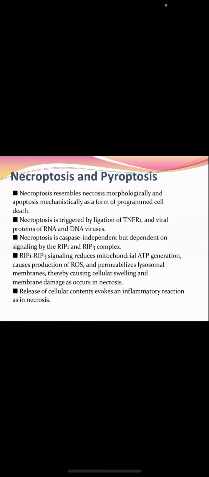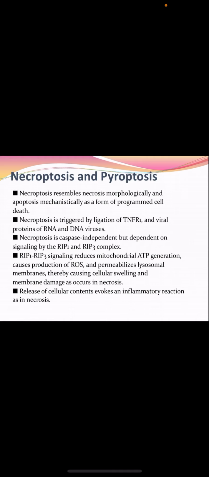Next, you should know a little in brief about necroptosis and pyroptosis. Necroptosis resembles necrosis morphologically and apoptosis mechanistically as a form of programmed cell death. Necroptosis is triggered by ligation of tumor necrosis factor receptor 1 and viral proteins of RNA and DNA viruses. Necroptosis is caspase independent but dependent on signaling by the RIP1, RIP3 complex.